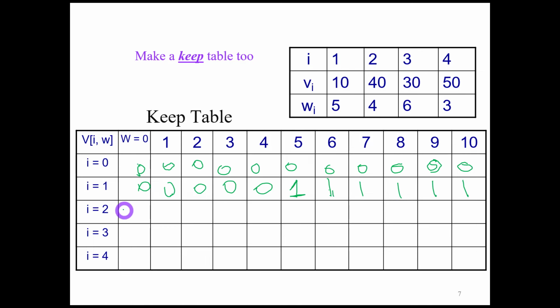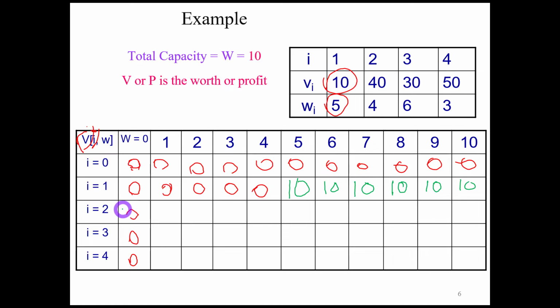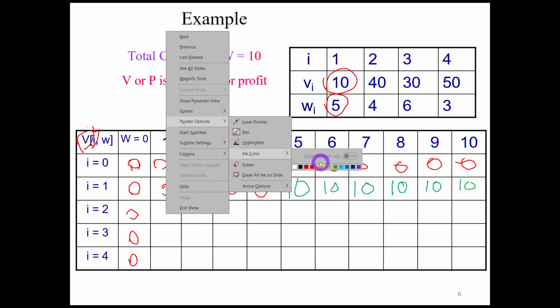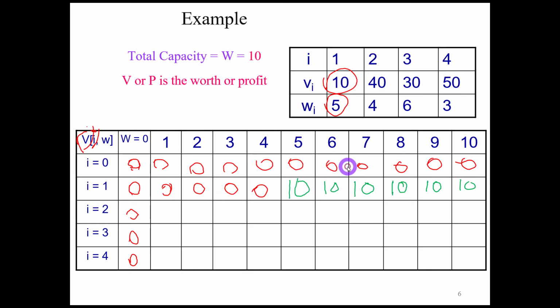Okay, let's do it for this one, item number 2. Let me change the color. Let's use blue this time. For item number 2, the total weight of item number 2 is 4.